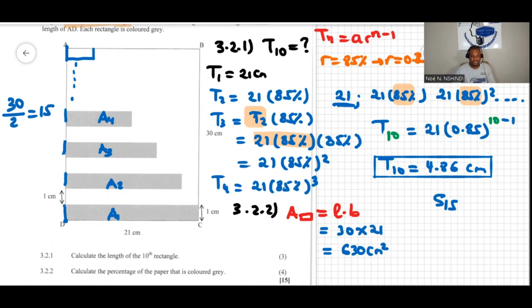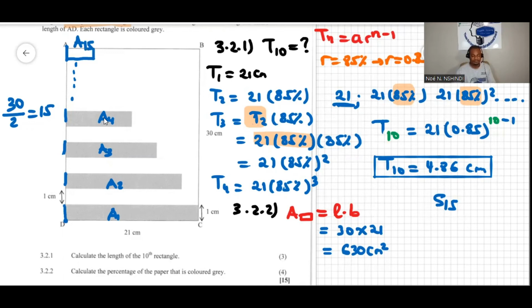So in total we have 15 rectangles, of base or width 1 centimeter. Now we are going to calculate the sum of these rectangles, A1, A2, A3, A4 until A15.